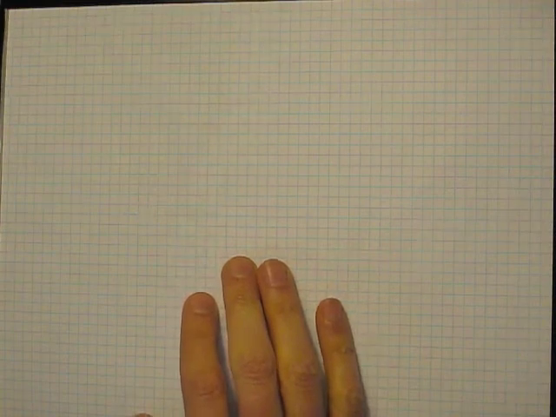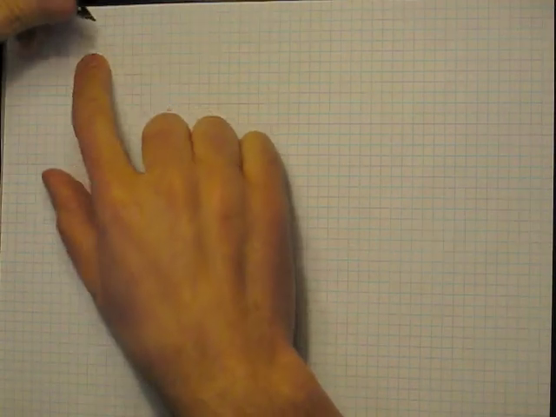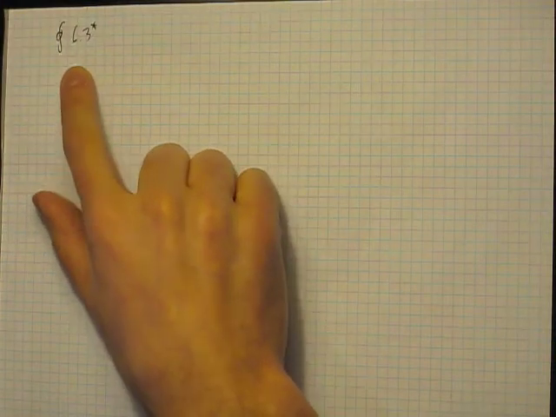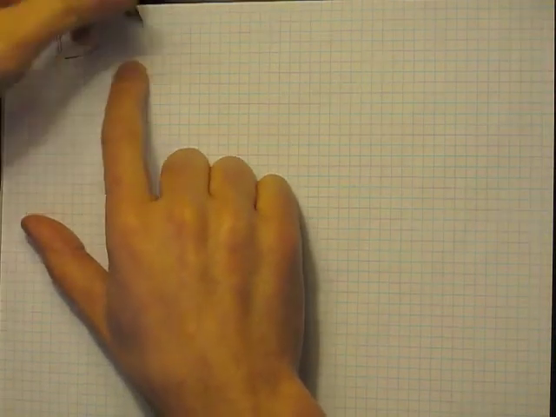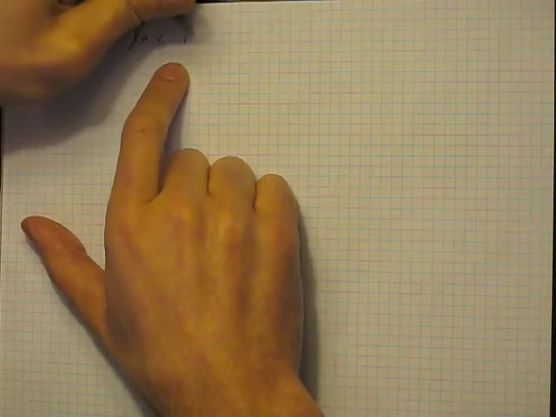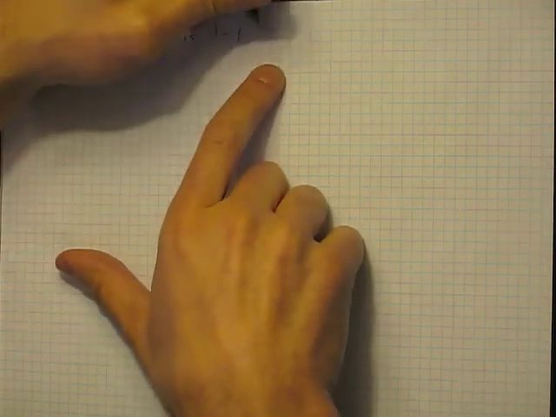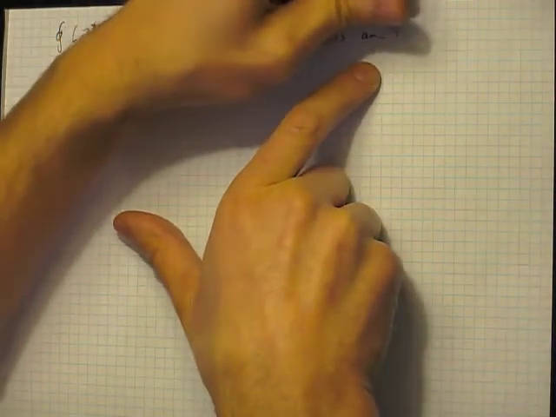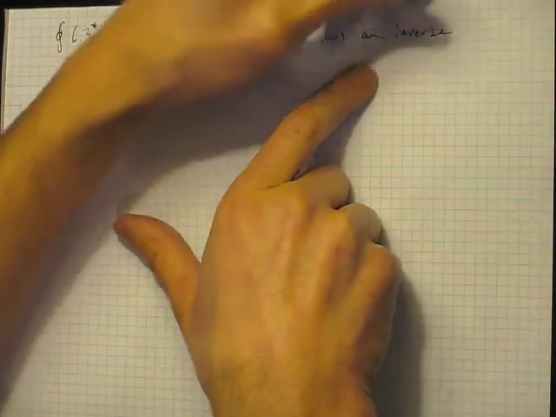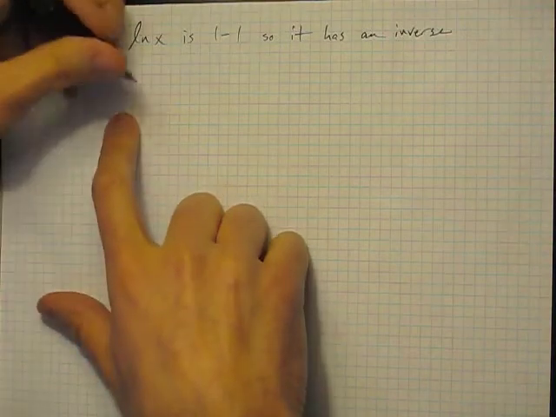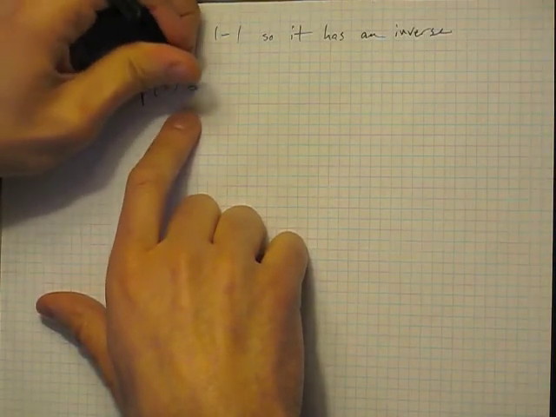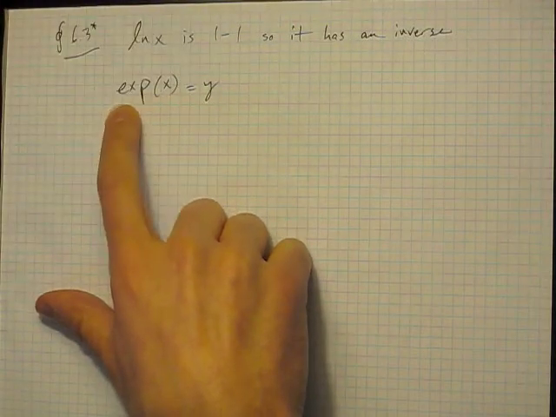That, believe it or not, was section 6.2 star. So 6.3 star is about the inverse function of log of x. So log of x is 1 to 1, so it has an inverse. Okay, an inverse function. And here's how we write it. We write it as exp of x.